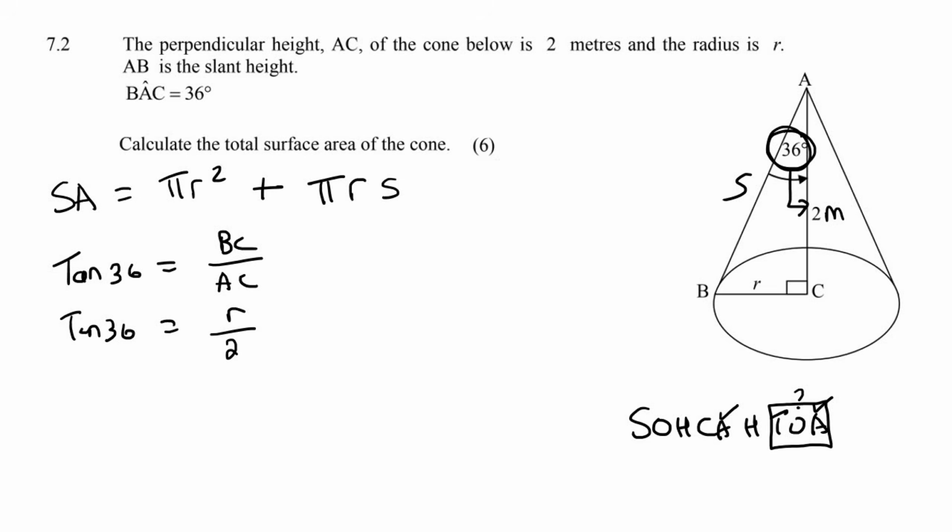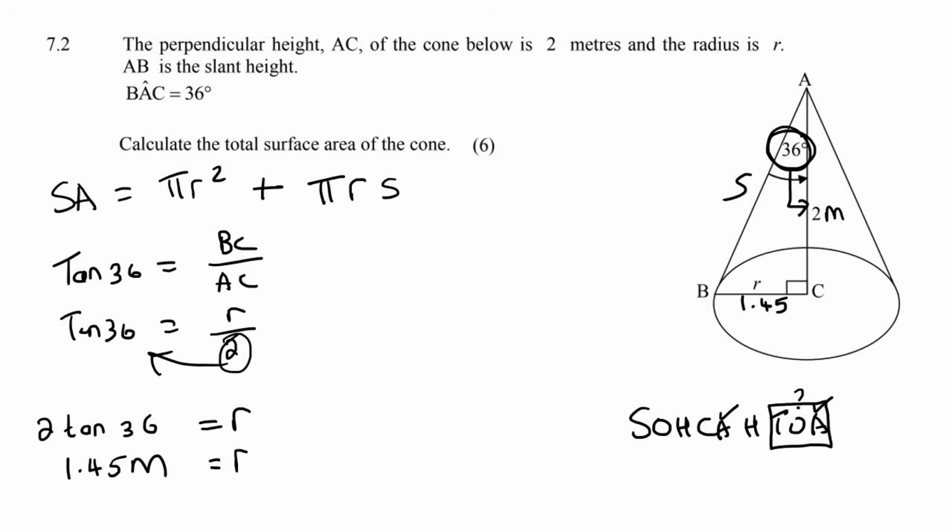Now to get R by itself, you're just going to take that 2 and multiply it over, so we end up with R is equal to 2 tan 36, which is 1.45 meters. Did they use meters? Yes, 1.45 meters.